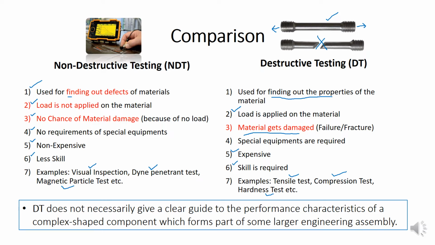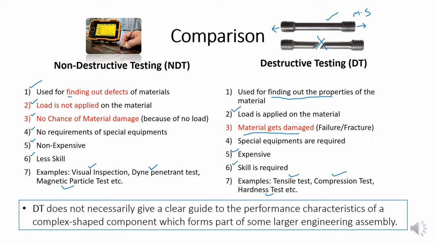One important point about destructive testing is that it is performed on a specific type of sample made up of a particular type of material. Suppose you have this mild steel specimen which is tested under tensile loading.